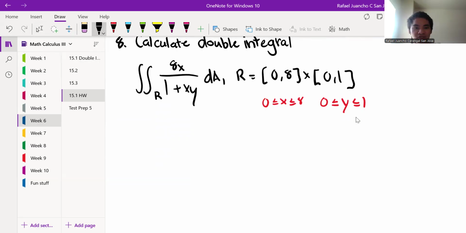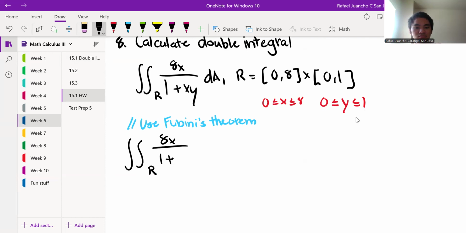And so we can use Fubini's theorem again. So Fubini's theorem states that if this thing is continuous, which to me it looks like it is, it's an elementary function, then we integrate by x then y or something like that.